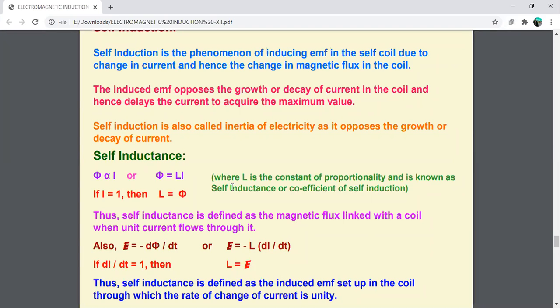Therefore, flux or field lines crossing through the coil will go on changing. As a result, an additional EMF in opposite sense will get induced in the coil, with opposite polarity with respect to the supplied source or power supply to the coil.